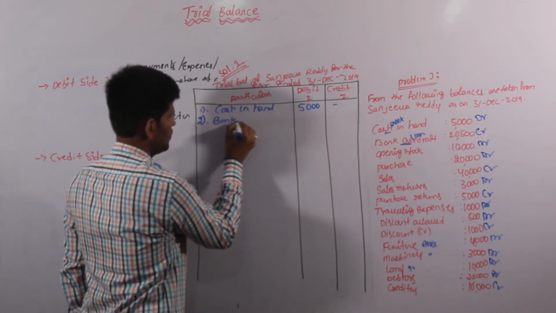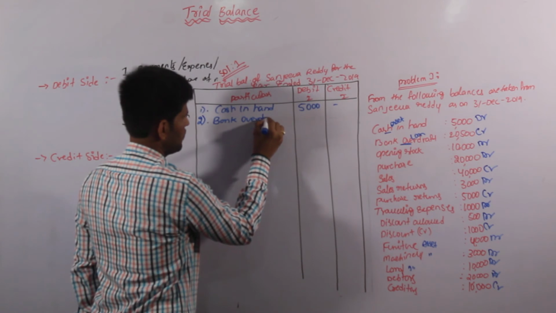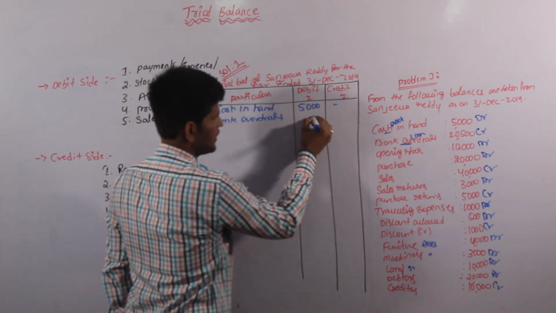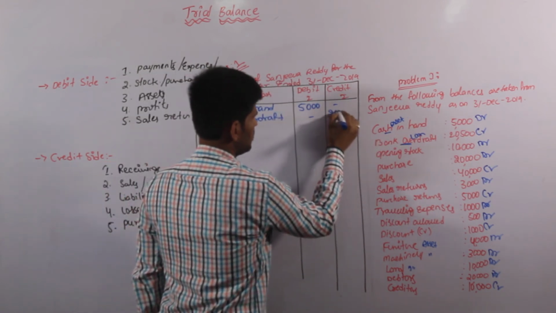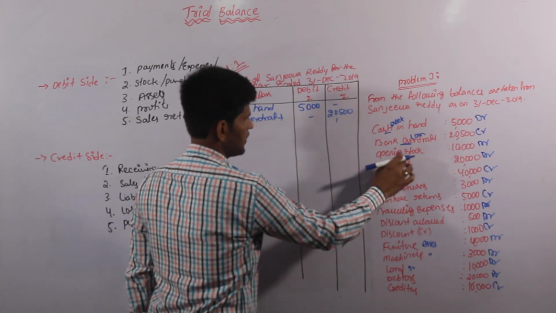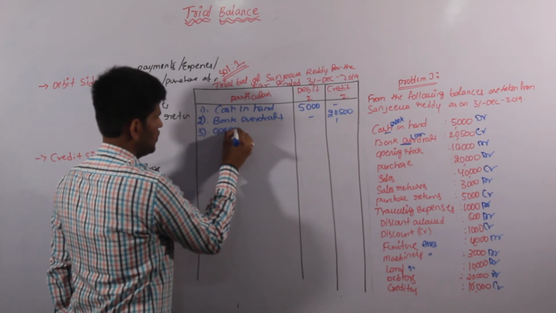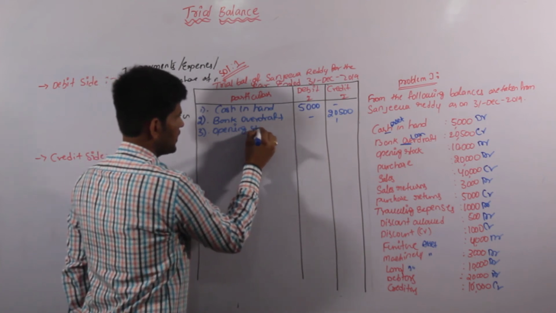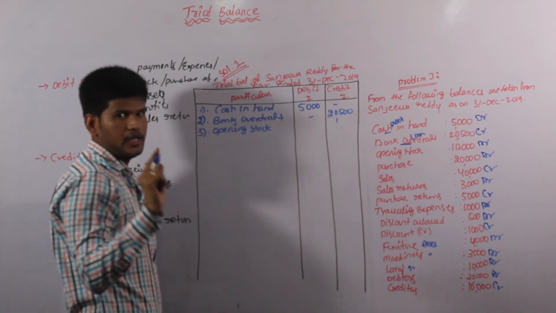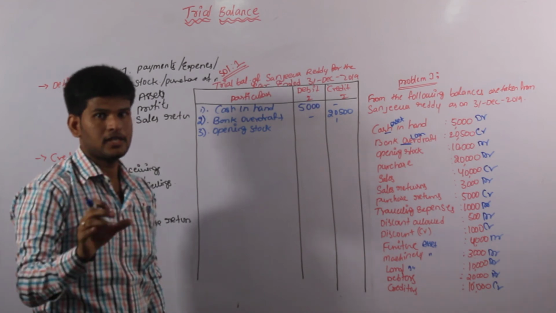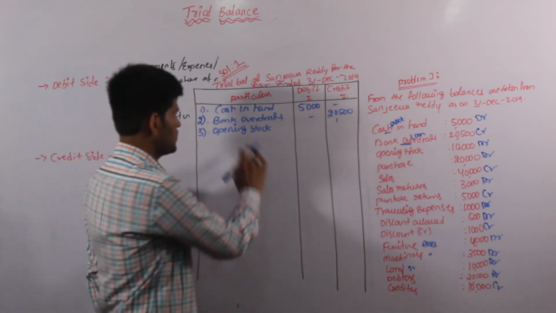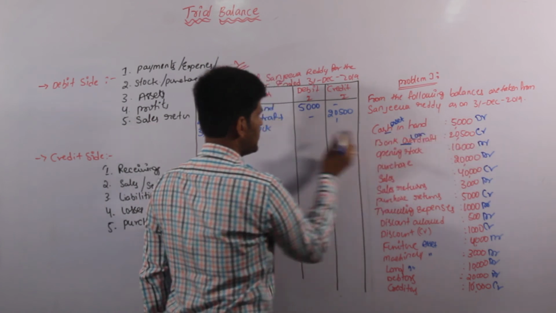Second one, bank overdraft, credit column 20,500. Next, stock, that is opening stock. In a trial balance, always we have only opening stock. In some conditions, we have closing stock. So opening stock is on the debit side.